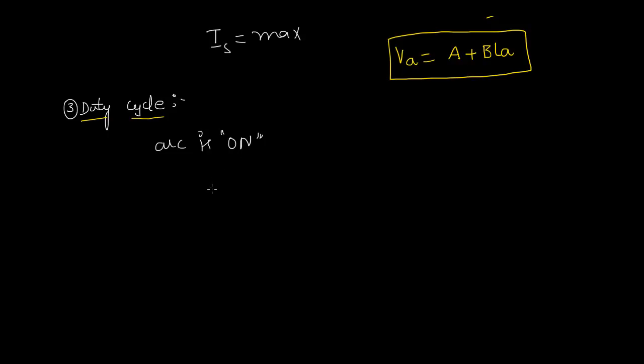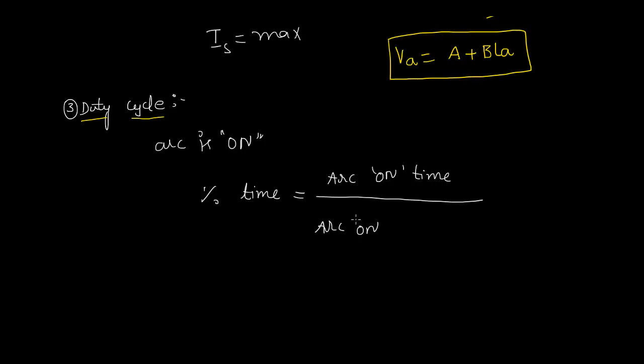So it is defined in the mathematical expression as percentage of time equals arc on time, on meaning switching on time, divided by arc on time plus idle time. Idle time means the off time.